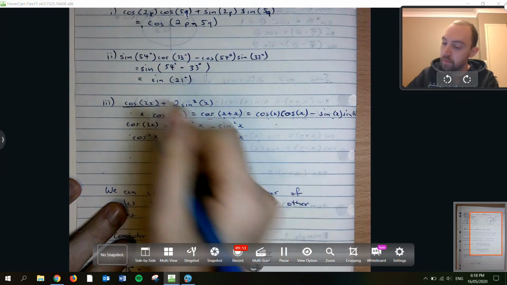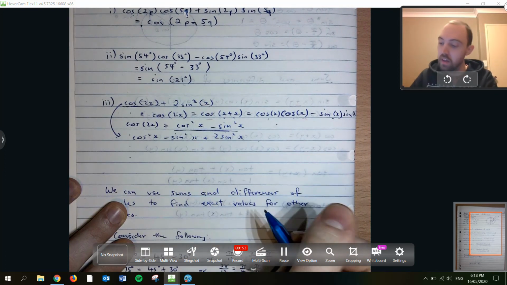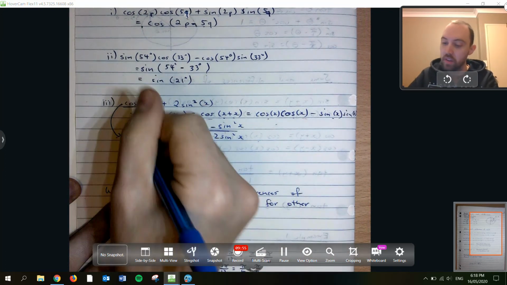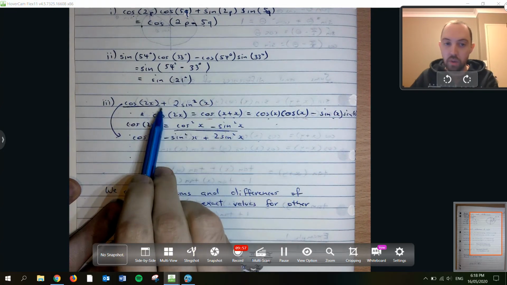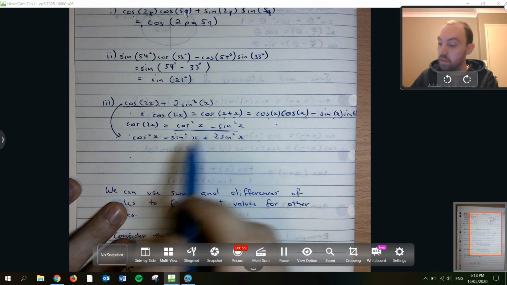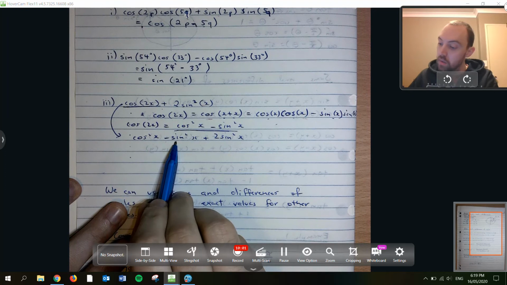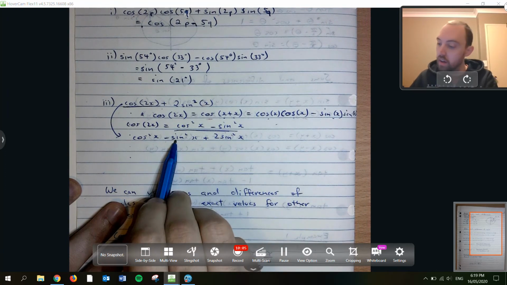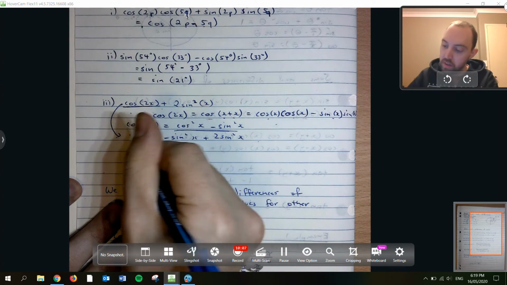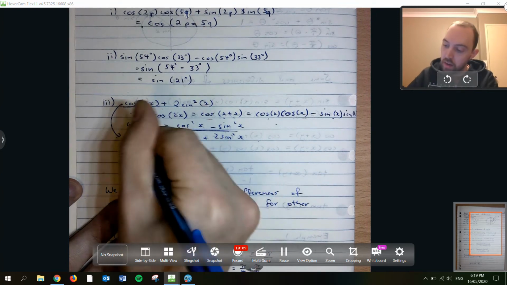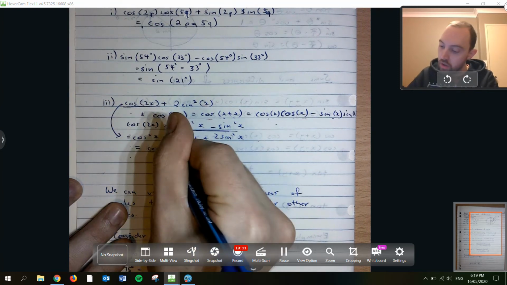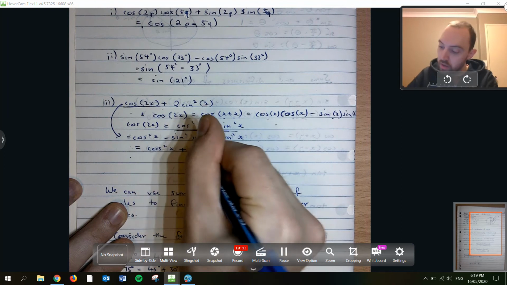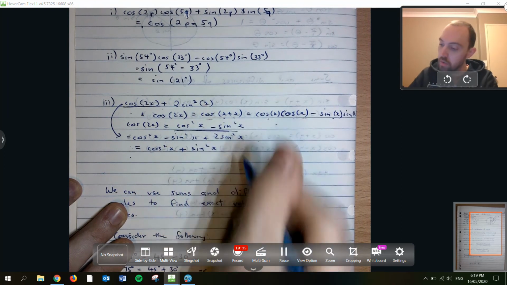Okay, so this is going from here to here. This is a little aside part, these next two lines. Sine squared x plus 2 sine squared x are like terms, so we can put these together and we get cos squared x plus sine squared x.